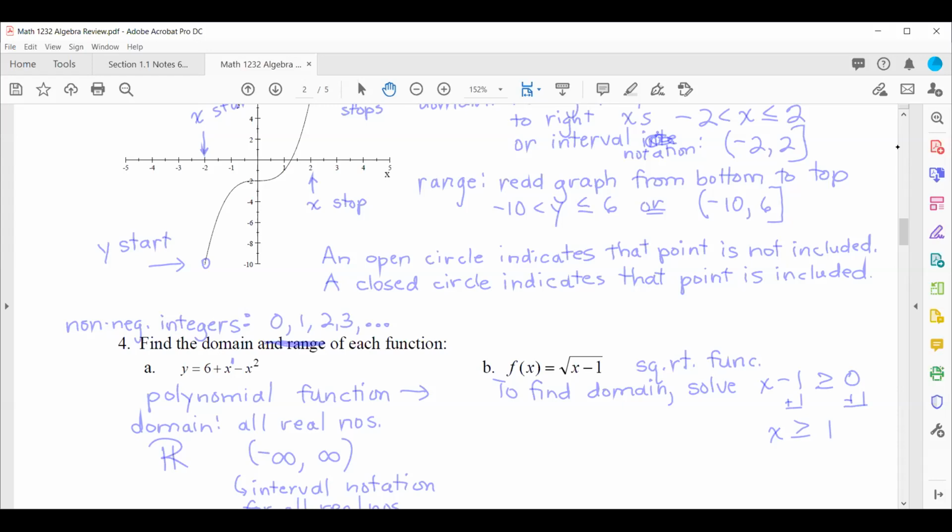We're saying, hey, x has to be greater than or equal to 1. The interval notation that goes along with x greater than or equal to 1, that's a bracket, looks like that. That's another way to write all numbers, saying, hey, start at 1 and include the 1, and then continue forever to infinity.